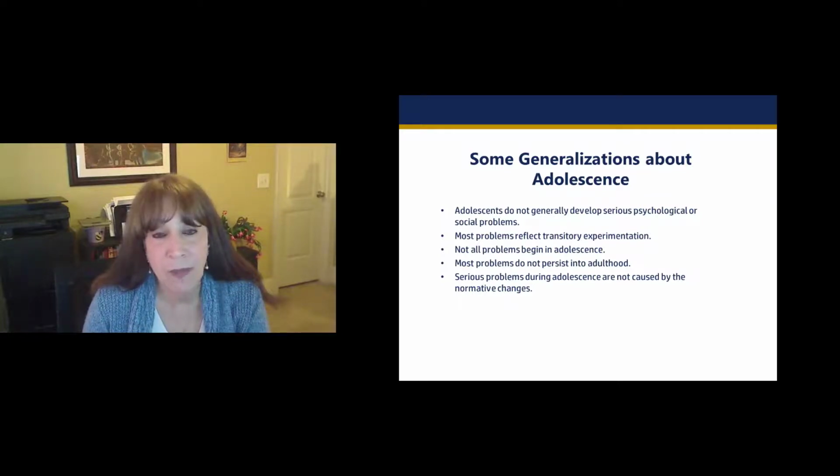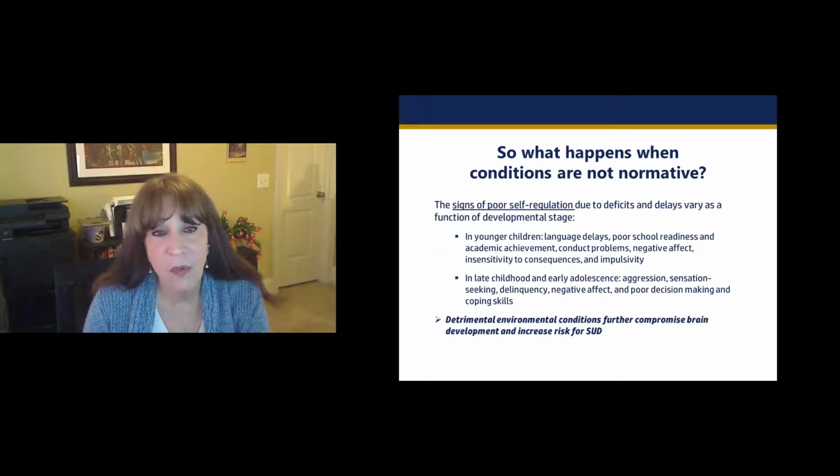Serious problems that we do see in adolescence, in terms of mental health and serious substance abuse, are not caused by the normative changes that we've talked about so far. So what happens when conditions are not normative? The signs of poor self-regulation generally are due to the deficits and delays that we see in the way children are developing.